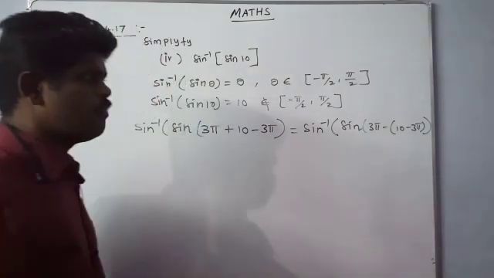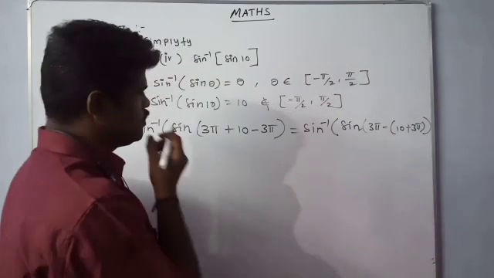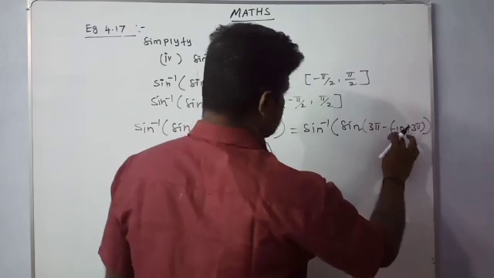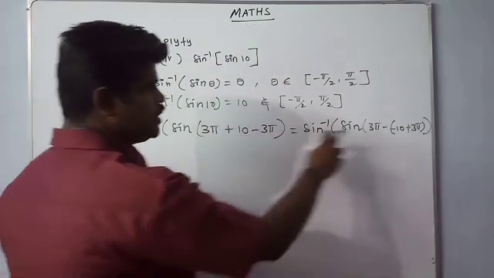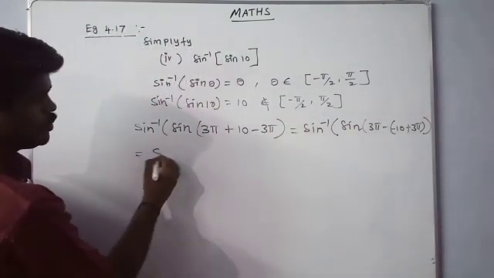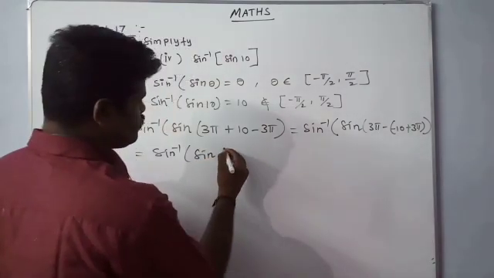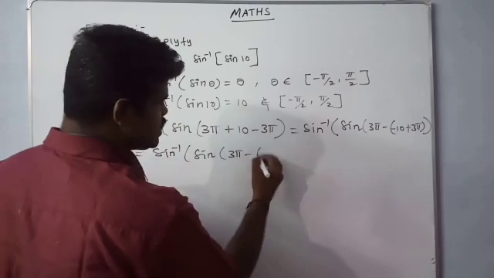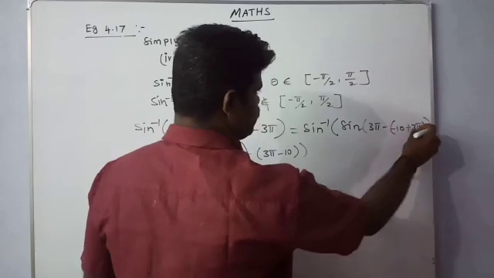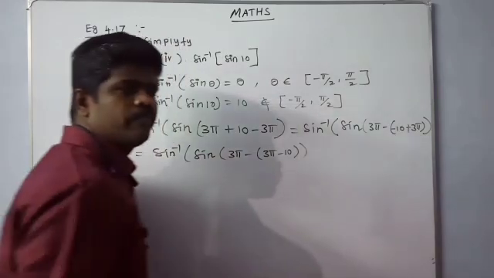We can write this type, because this is plus and this is minus. We want to check it, minus into minus plus 10 and minus into plus minus 3 pi here. So we have to write sin inverse of sin of 3 pi minus 10, because we change the first and second value, arrange the value 3 pi first and minus 10 is second.